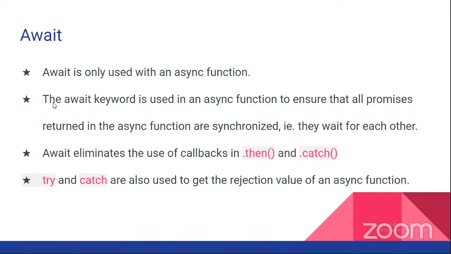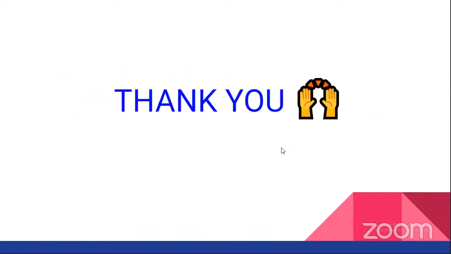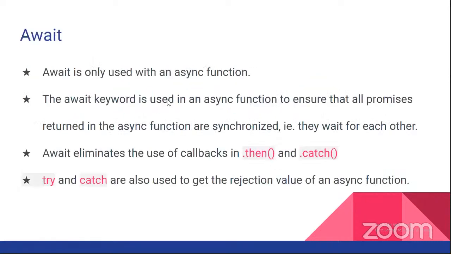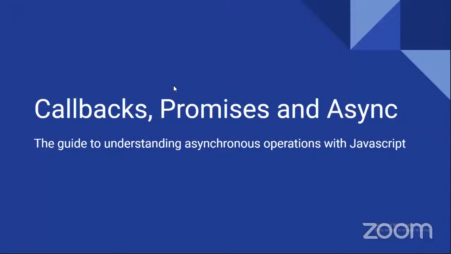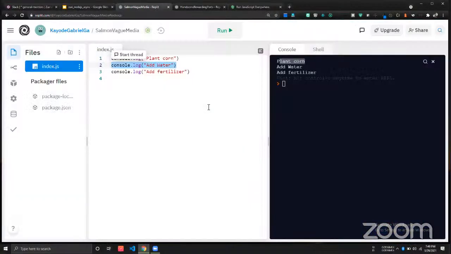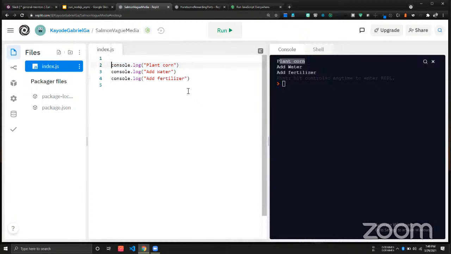I will show you an example here. Let's quickly go back into our code and test it out one by one. Let me comment this out because I might share this after the class.